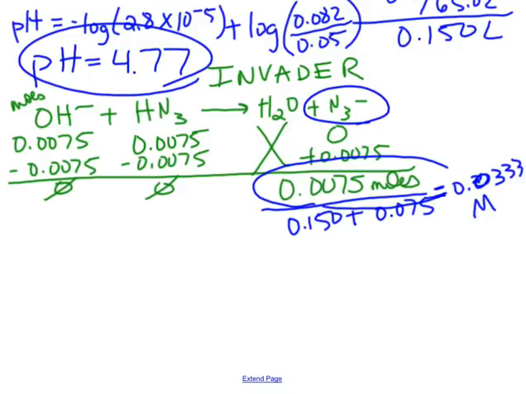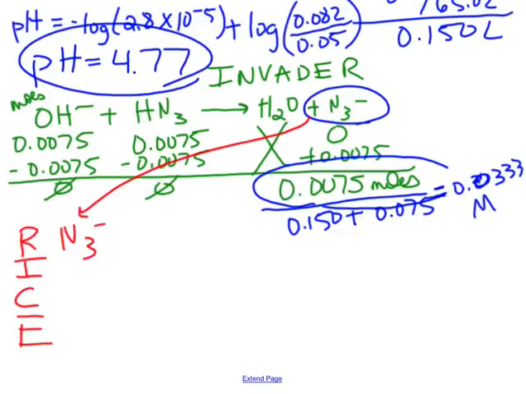0.0333 molar. Now I'm going to do my hydrolysis problem, which you already know how to do, and put it into a rice table. Rice. So I take what's left over after the war, that's all that's left. These guys are gone.